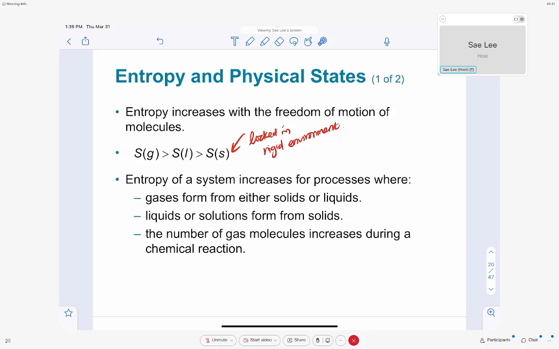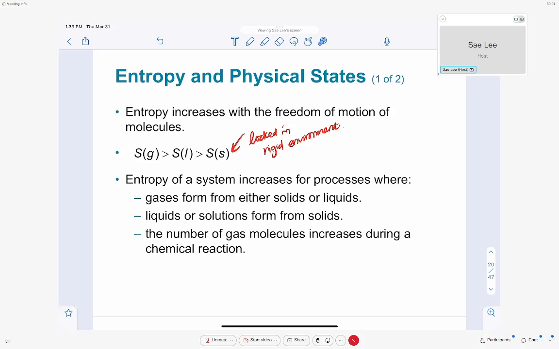Therefore the number of microstates follows the same order, and therefore entropy also follows the same order. Entropy is highest in gas molecules, followed by liquid molecules, and solid molecules will have the lowest entropy in the system.